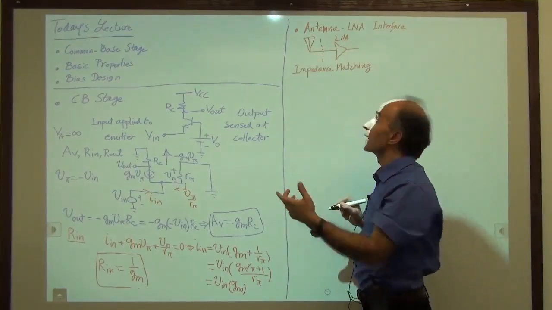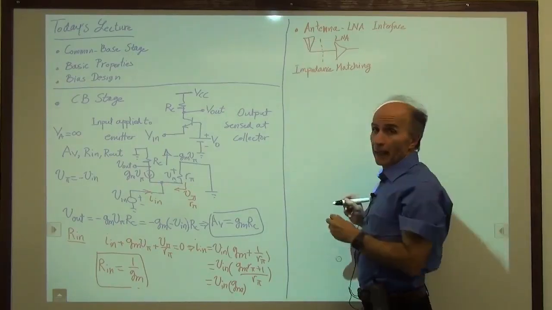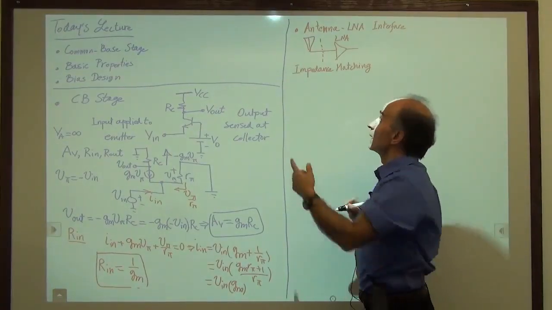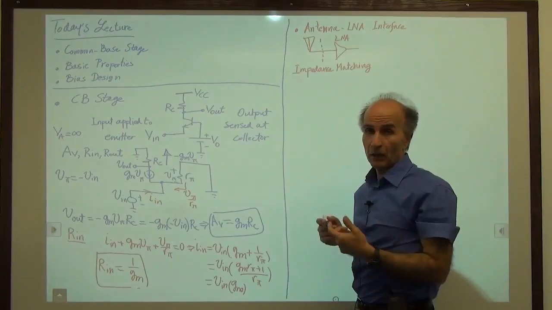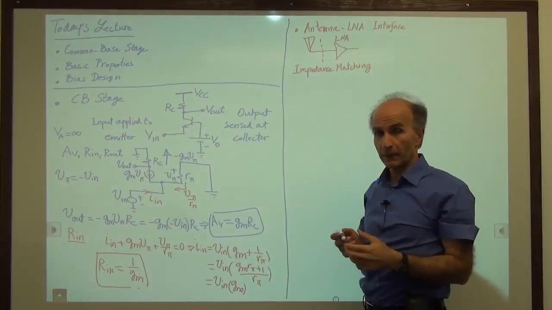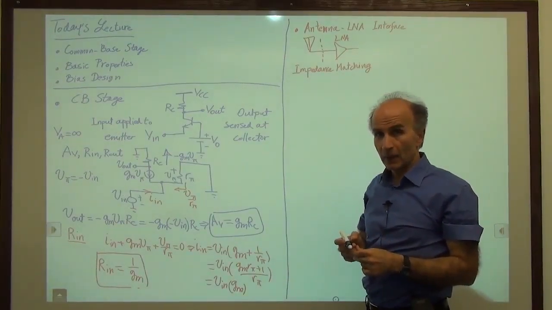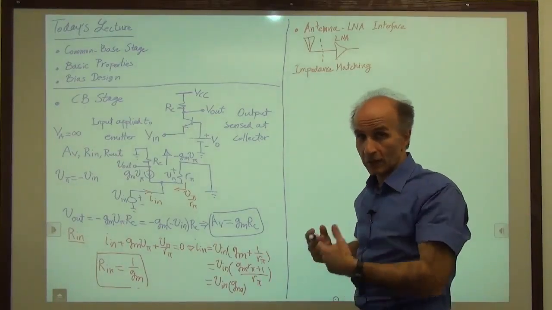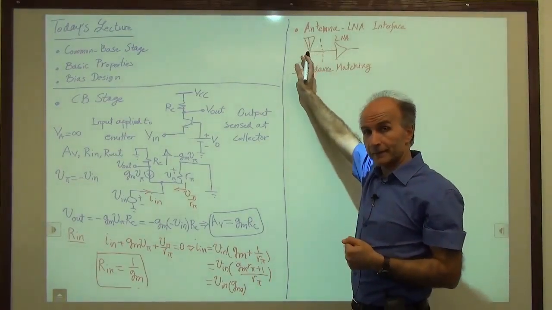In simple language, if the antenna has an impedance of 50 ohms, the input resistance of the LNA also has to be 50 ohms. That's what we call impedance matching. Now, we won't go through the reasons for impedance matching, but that's necessary in a case like this.